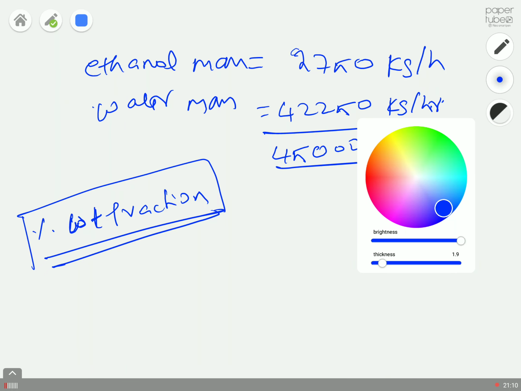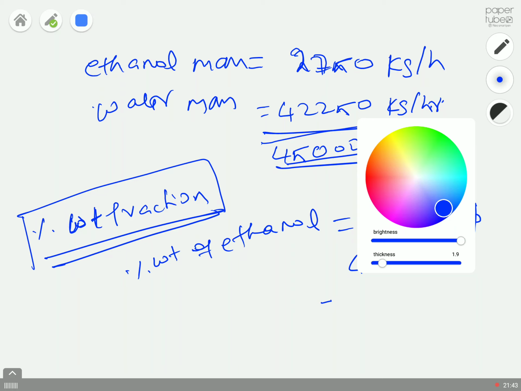If you know the individual masses, you take the sum and then you take the fraction. So the percentage weight of ethanol is 2750 by 45,000, multiplied by 100 because we are talking in percentage.